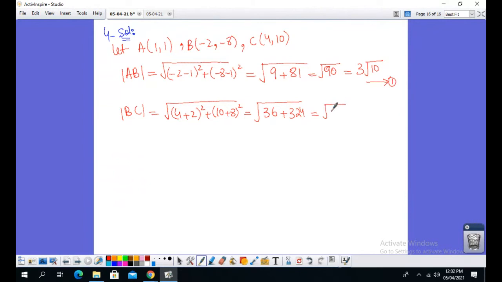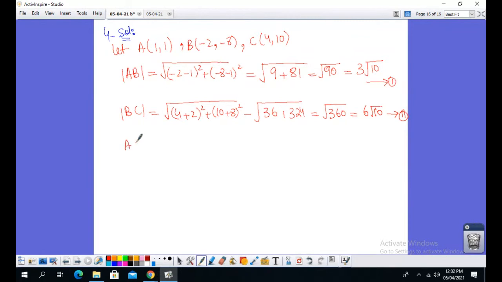If we add these two, we get 360, and we can write the square root of 360 as 6 square root 10. We call it equation number 2.